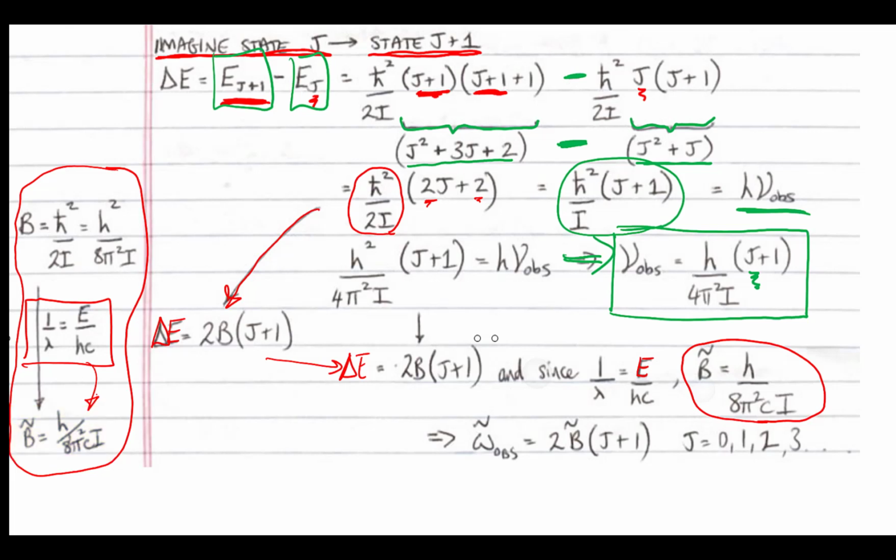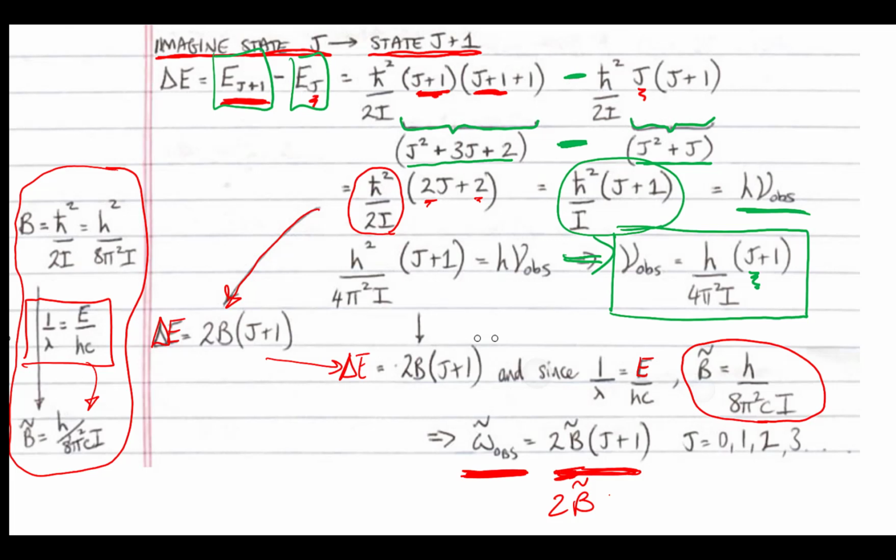So the last piece is to recognize that the frequency of observation now in wave numbers is equal to 2 times B squiggle multiplied by the quantum number for rotation plus 1. And so lastly, we can go back and say there's a 2B term in here, and we multiply that by the J that we go to. So let's have a look.